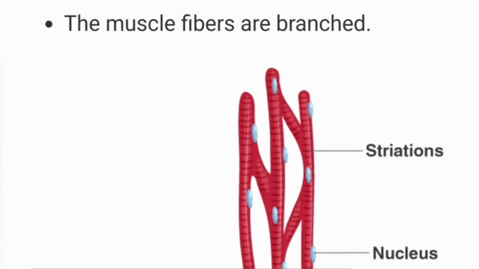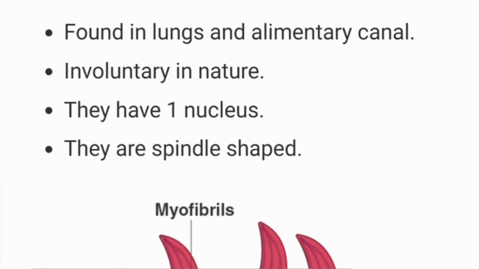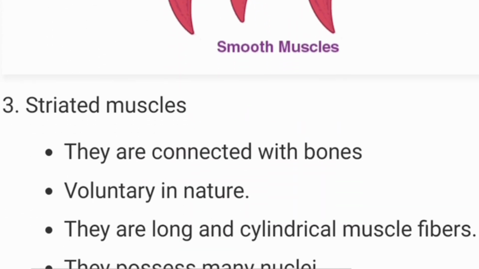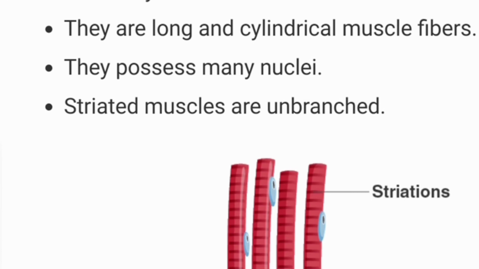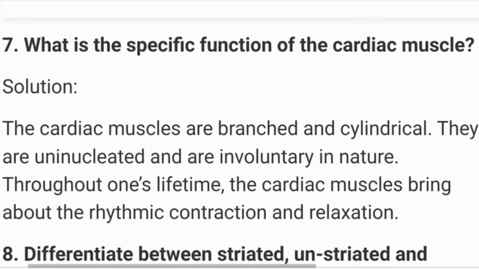That is, the cardiac muscles, which are present in our heart. Then the smooth muscles present in lungs, alimentary canal, and our eyes. And the third one is striated muscles connected to our bones, and these are voluntary. And the above two are involuntary, these are not in our control.